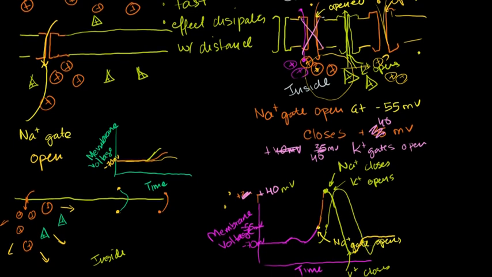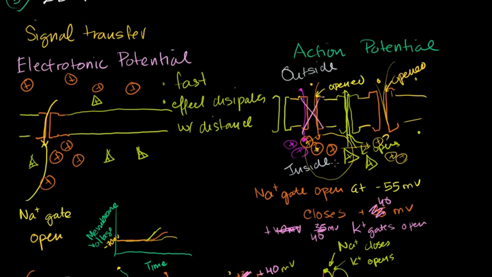When the sodium flows in here, it becomes really positive around here, that makes the voltage around here a little bit more positive, triggers this next sodium gate to open, and then this whole same cycle happens. Then the potassium gates open to make it negative again, but by the time that's happened, it's become positive over here to trigger another sodium gate. So one after another, you have these sodium gates opening and closing, but it's transmitting that potential change.